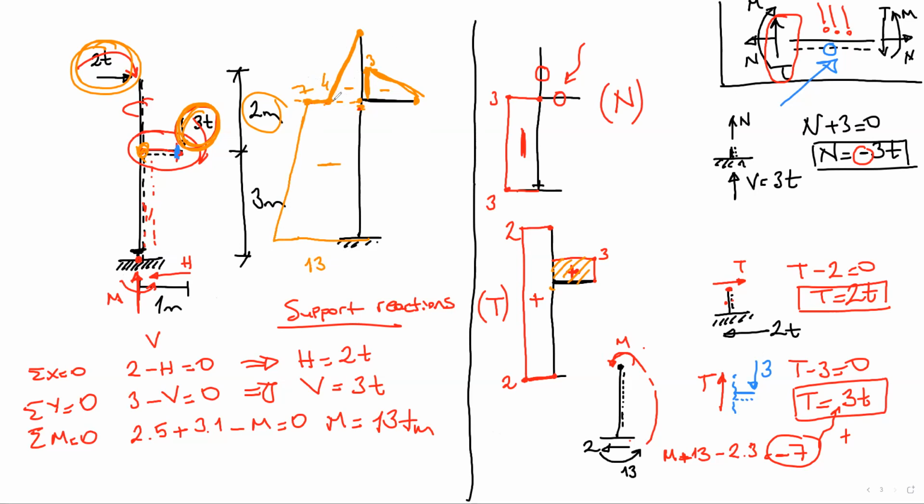This point is 7, this point is 4. Here there is only 3, and here is 13. And all these are negative. Why? The system is a cantilever system. This is negative. This is the moment diagram.